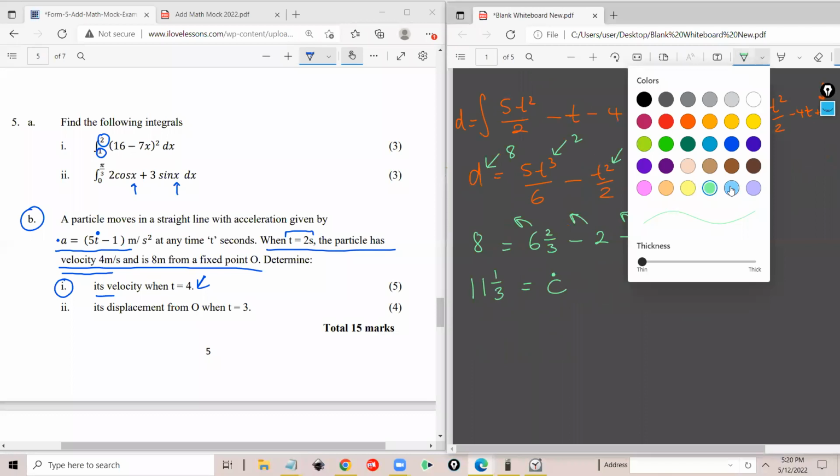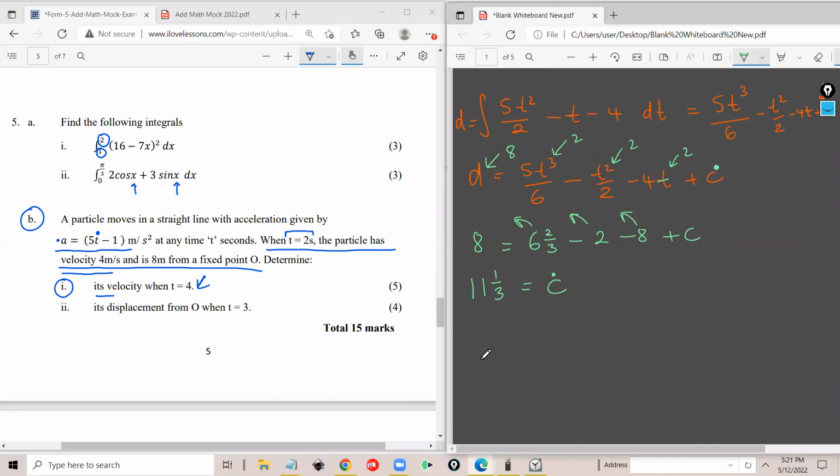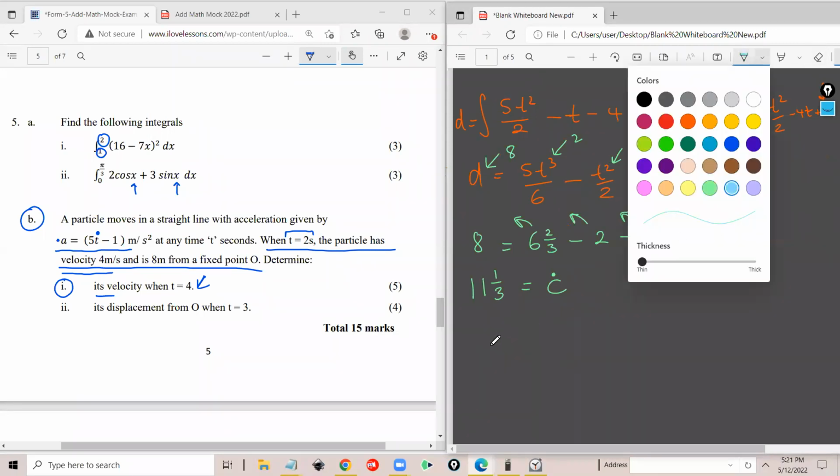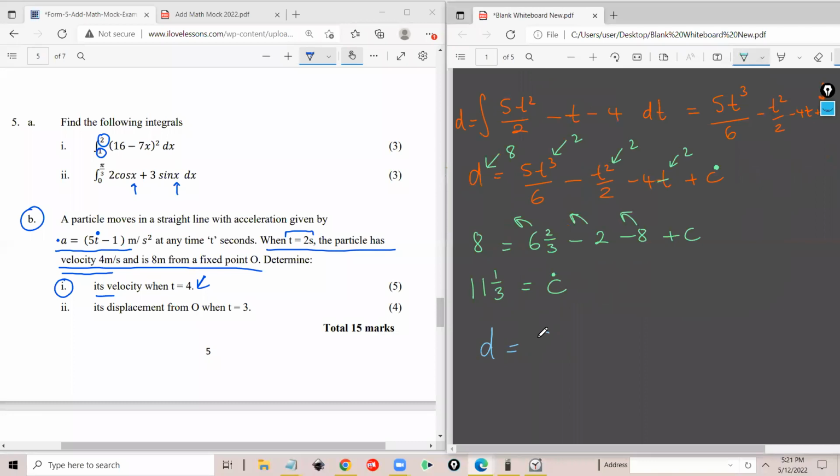This question is really long. I hope you all don't get something long like this for the exam. All right, and now what do they want? The displacement when t is 3.